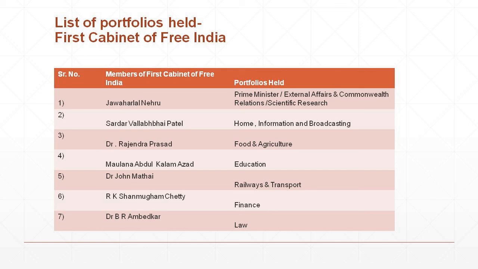Like Nehru was the Prime Minister, External Affairs Minister, Scientific Research Minister; Vallabhbhai Patel, Home, Information and Broadcasting; Rajendra Prasad, Food and Agriculture. Maulana Abdul Kalam Azad is India's first Education Minister. Dr. John Mathai, Railways and Transport. R.K. Shanmugam Chetty, Finance. Dr. Ambedkar, Law.